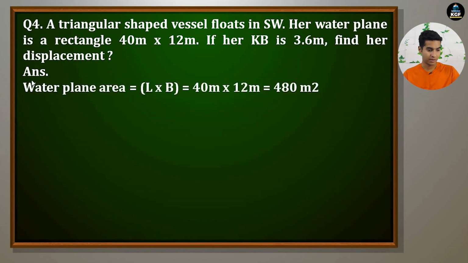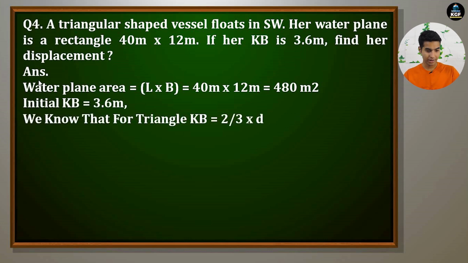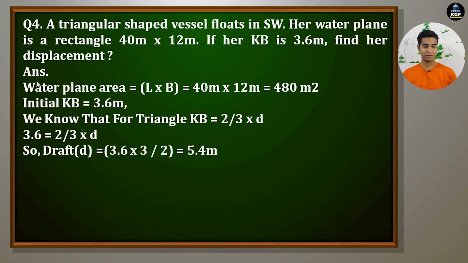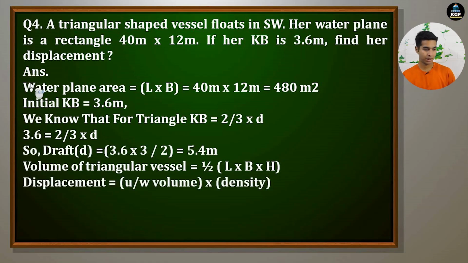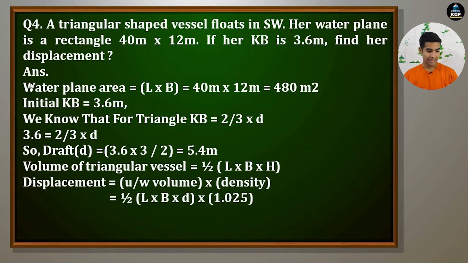Once we multiply the salt water density with the given volume, it will give the displacement. See, water plane area is 480 meters square. Initial KB is 3.6. So we know that for the triangle, KB will be 2 by 3 into its draft. So 3.6 is the KB, 2 by 3 into draft. So we will solve for the draft, which equals 5.4 meters. Now we will use the formula to find the volume of the triangular vessel: 1 by 2 into L into B into H. Displacement will be underwater volume multiplied by density.